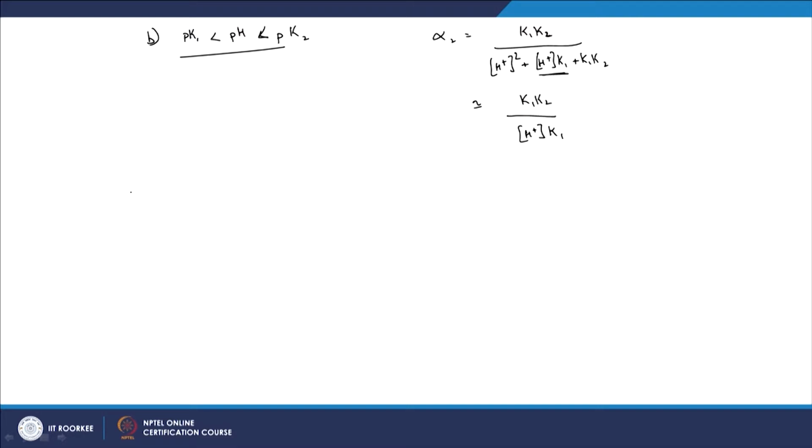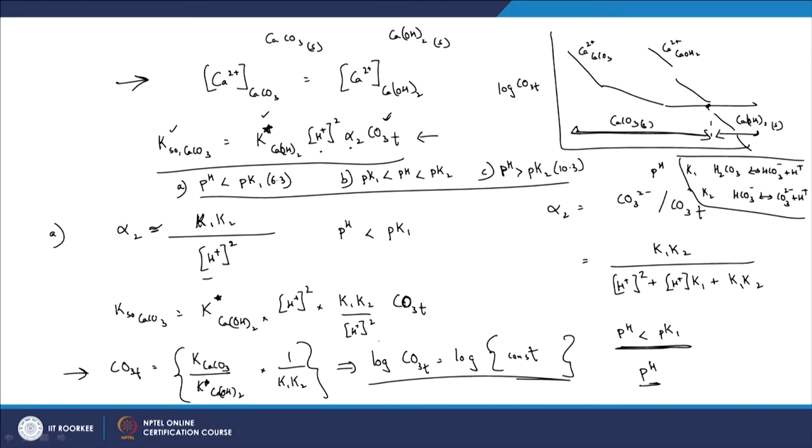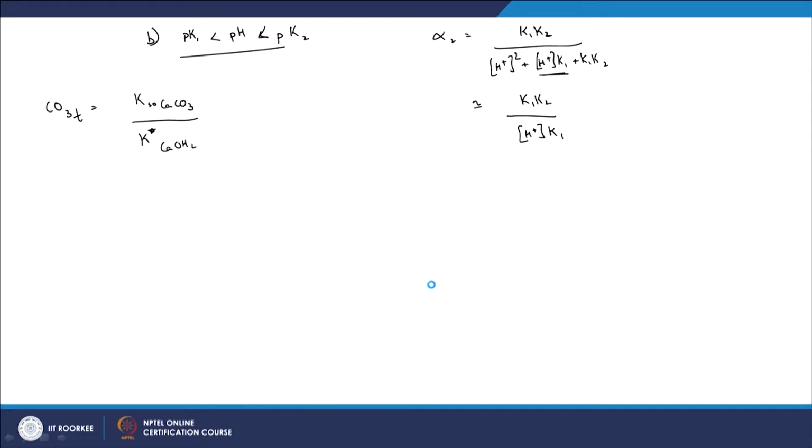So plugging this into that relevant equation, we will end up with CO3 total equal to Ksp of CaCO3 by K* for Ca(OH)2, and this is similar to the transformation we have here. So it's now going to be equal to what else?